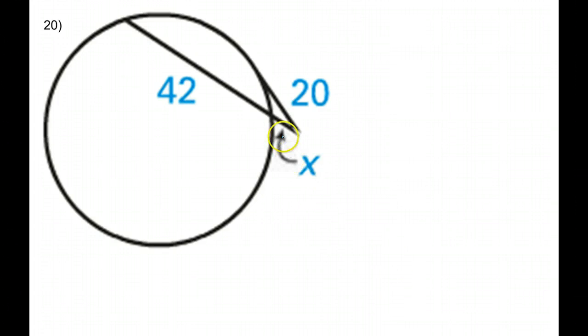All right, number 20. We are still doing part times whole equals part times whole because we are still outside the circle. This 20 is the special case where it is the part and the whole at the same time.